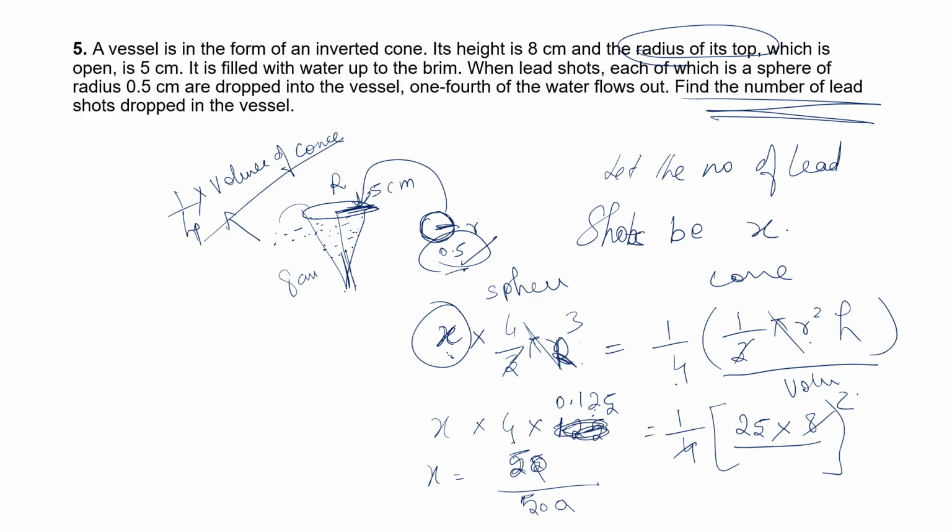Here we have to put the decimal, 0.5. How many decimals? 3 digits are here, no? 1 2 3. So 50 by 0.5. So x is equal to 50 by 0.5. So it will be 500 by 5, which is equal to 100 lead shots. Sorry, 100 shots, lead shots, not 100 centimeter cube.